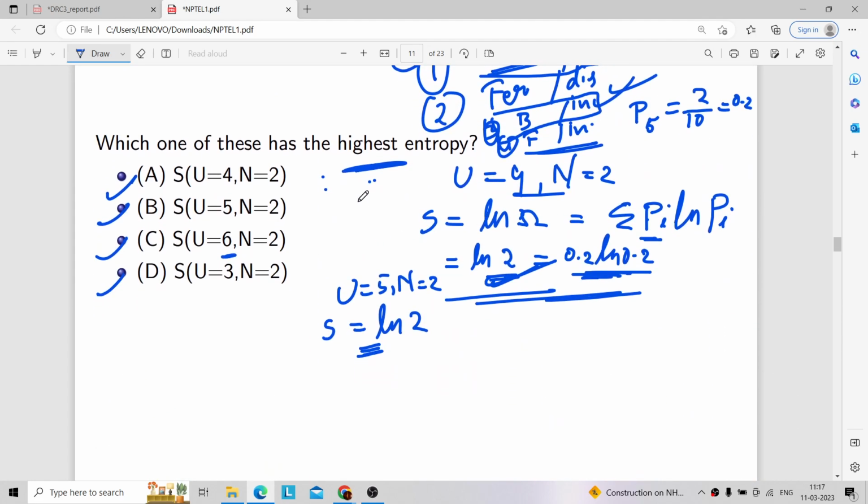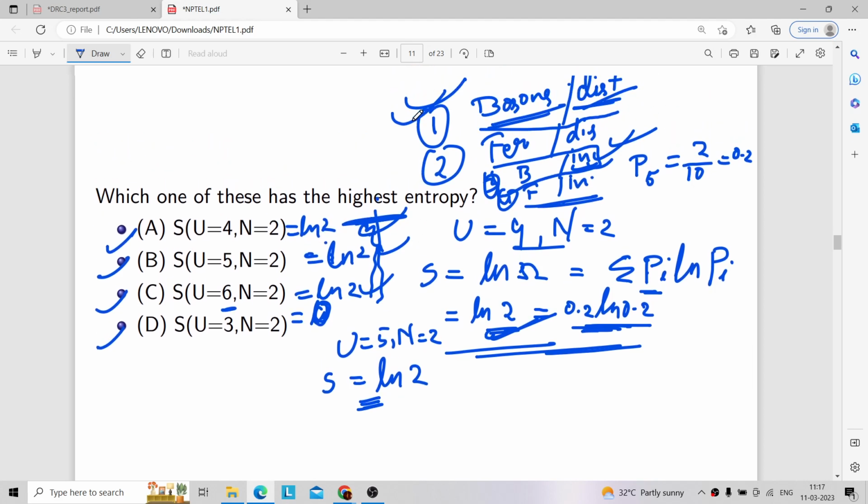So this is ln 2, this is ln 2, this is ln 2, this is ln 1, that means it's 0. So these 3 are giving me the same entropy for this boson indistinguishable case. You can check for the distinguishable case, you will get different numbers here. So you can compare which entropy is higher than the other one.